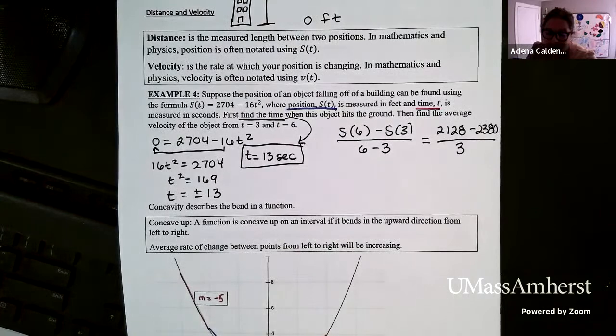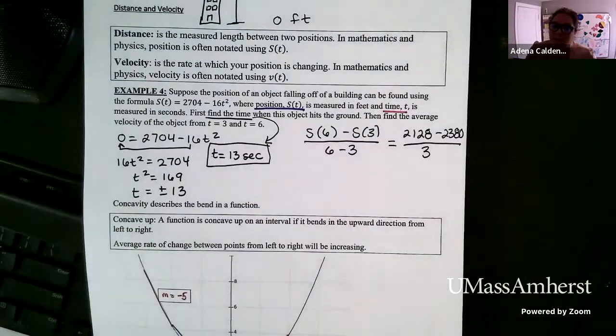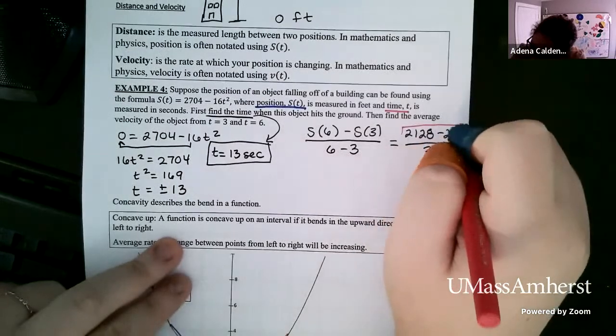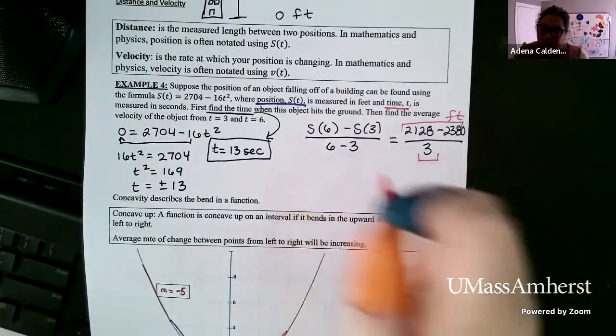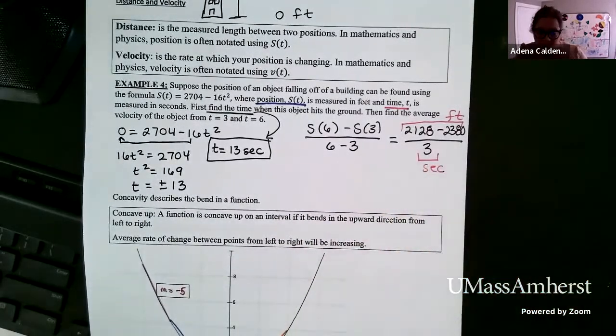Now, before I crunch that number, I want to remind you what the units are here, right? So on the top, we were talking about positions, and the positions were measured in feet. So we had feet on the top. And then on the bottom, the 6 and 3 were times that were given in seconds.